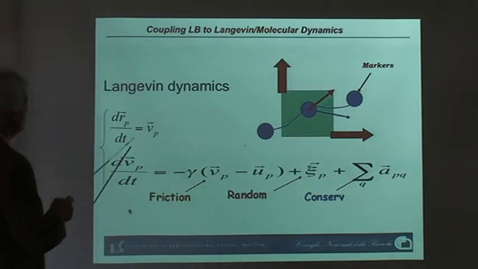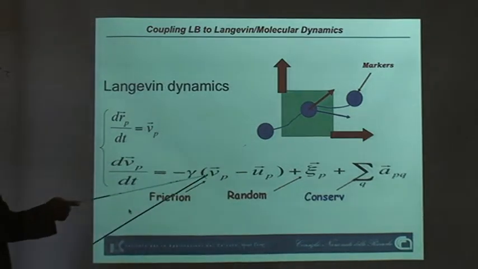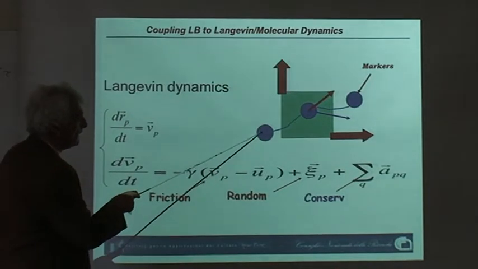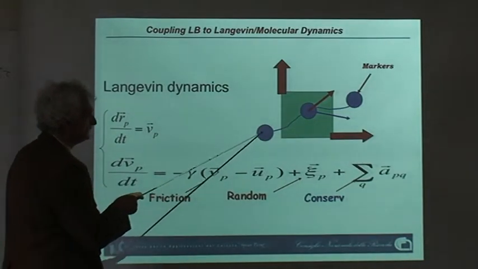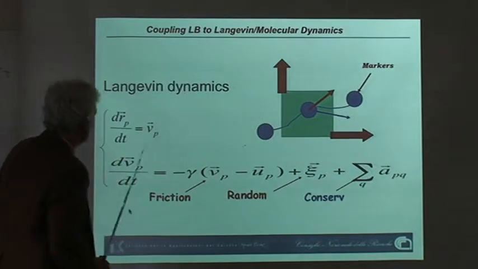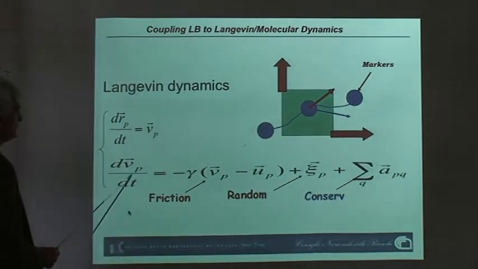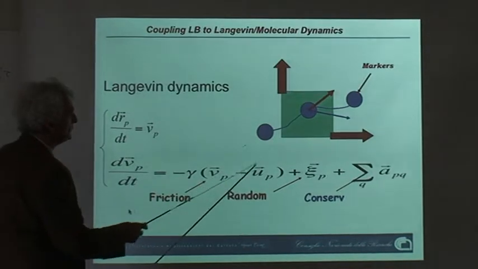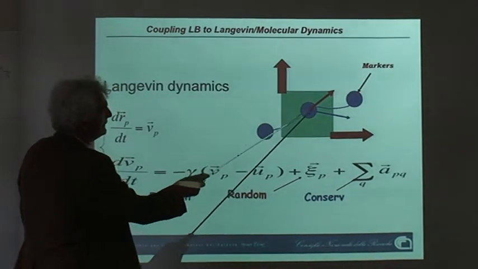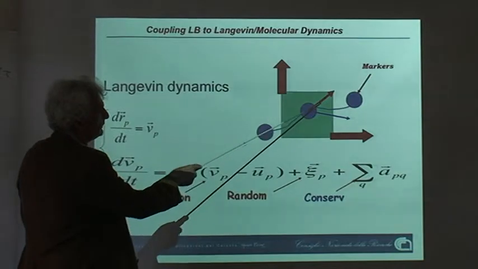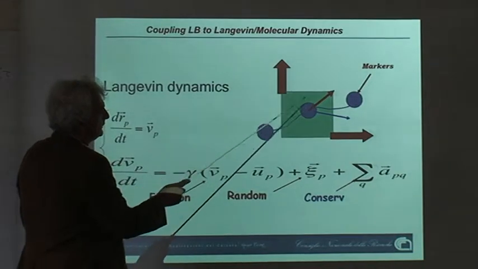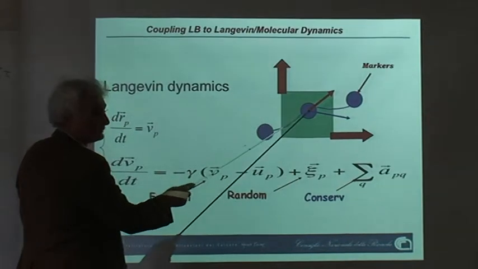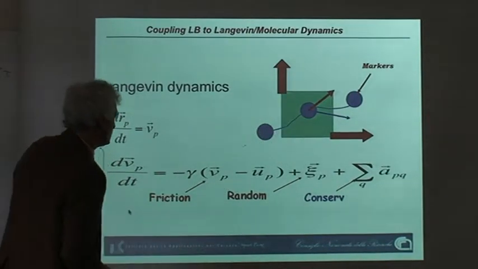And what you do, basically, you move the polymer according to Langevin dynamics, which means that P is the particle, so that labels the monomer along the chain. And this particle moves according to an equation of motion where you have the friction with the fluid. So u_p is the velocity of the fluid at position P, the red arrow. But the fluid lives on the lattice, so you have to interpolate inside the cell.